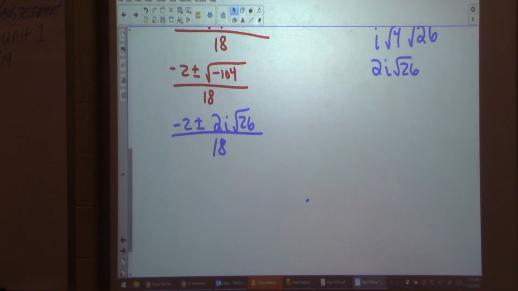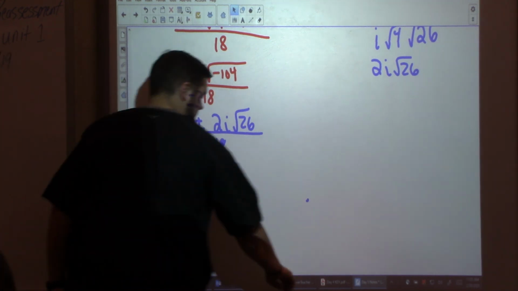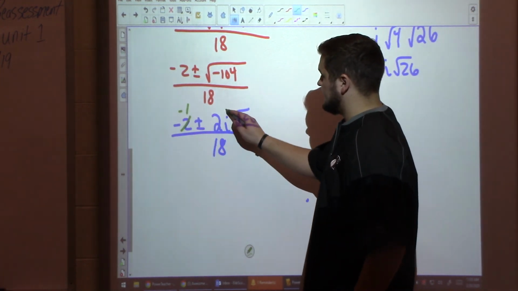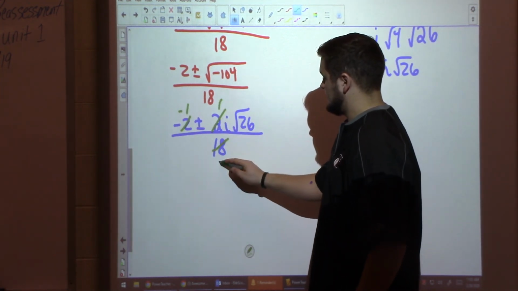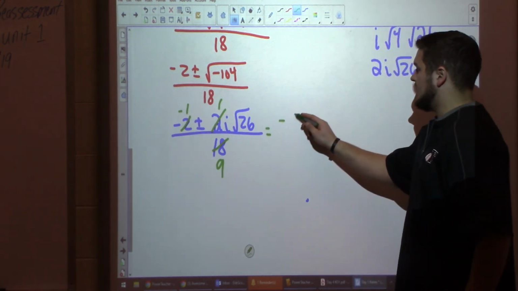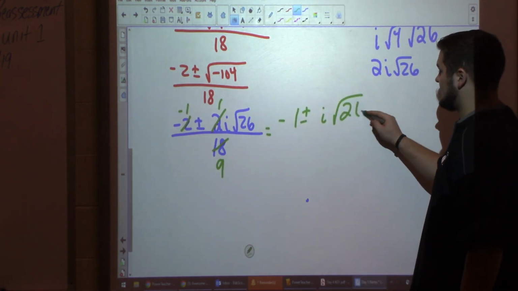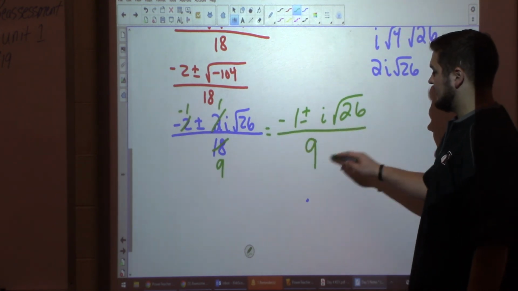You'd simplify it. So this i over 9 is the same thing as what we have written up there, just not split up. So if I can break both of those down, I can take a 2 out of all of these pieces. And it becomes negative 1 plus or minus i square root of 26 over 9.